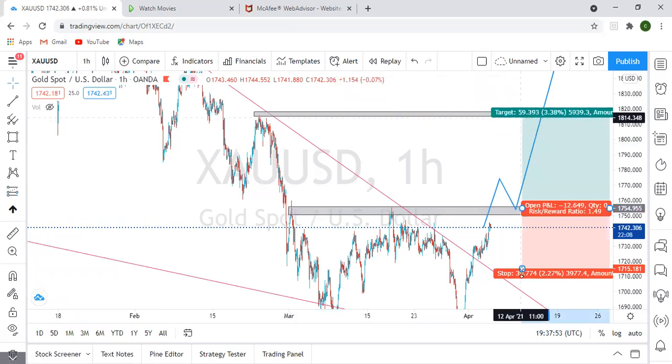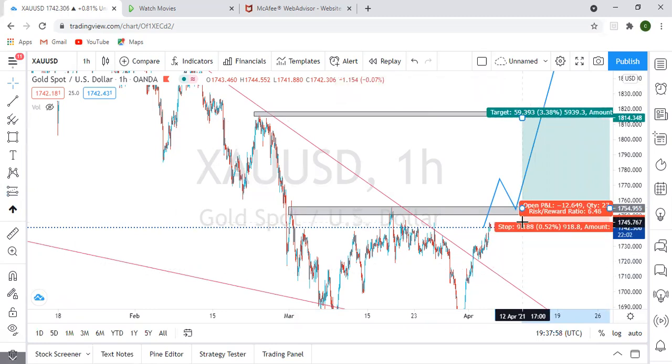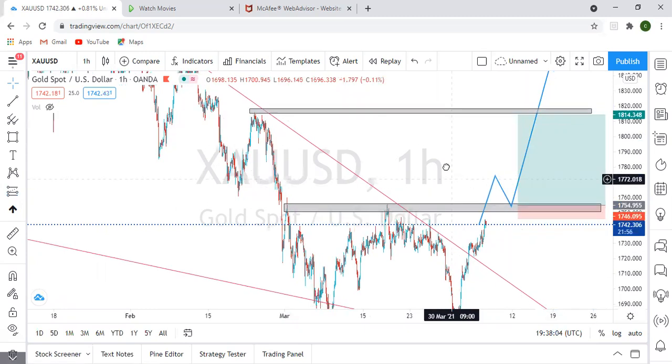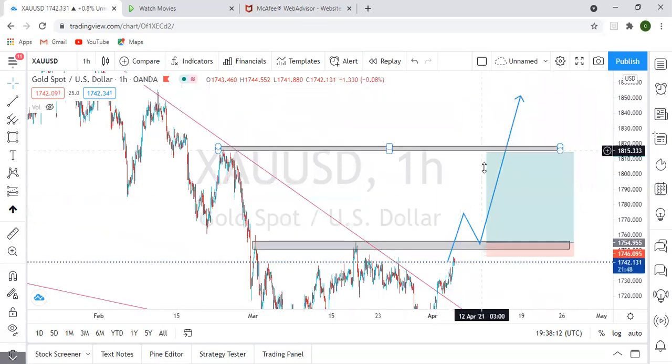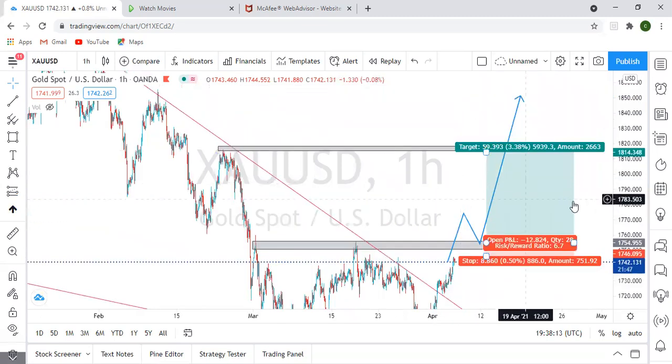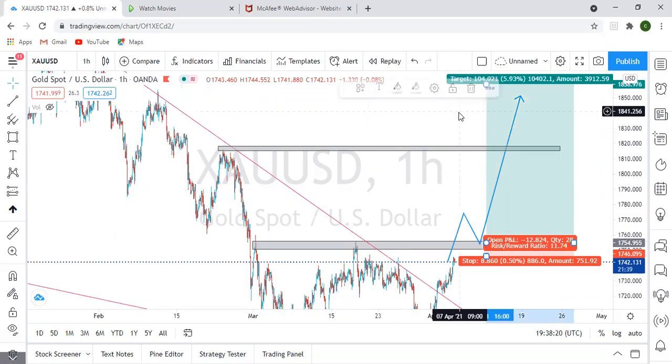We will take our first TP somewhere here, and we'll risk just a small amount of capital depending on your account. So this is what we see on gold. We are seeing a clear double bottom, and our first TP is going to be here. But if you want to swing it, you can hold it and lock your profit. As you are in profit, you can lock it, and then you can capitalize more on that trend line that you saw on daily.